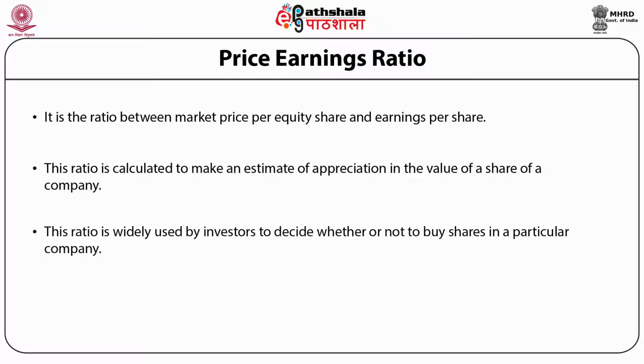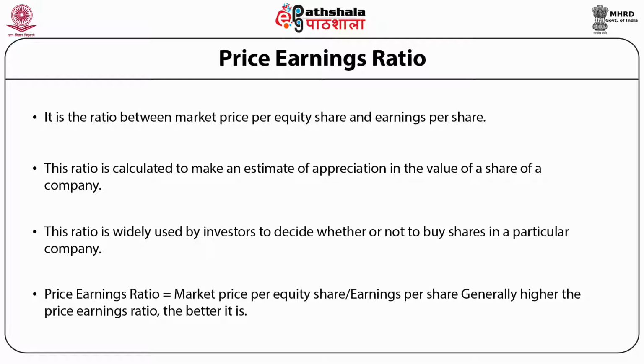This ratio is widely used by investors to decide whether or not to buy shares in a particular company. Price earning ratio is calculated by dividing market price per equity share by earning per share.